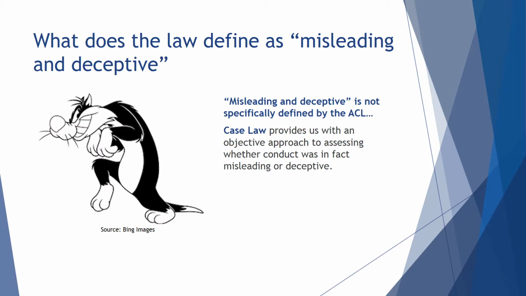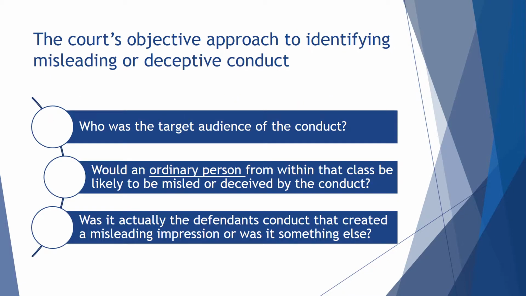Now, misleading and deceptive. This is the meatier part. Not defined specifically by the Australian consumer law, so case law is really critical here. Now, the court has what I would call an objective approach to identifying misleading or deceptive conduct. We're going to talk primarily about the first two elements here in this presentation as it applies to the case that we're looking at.